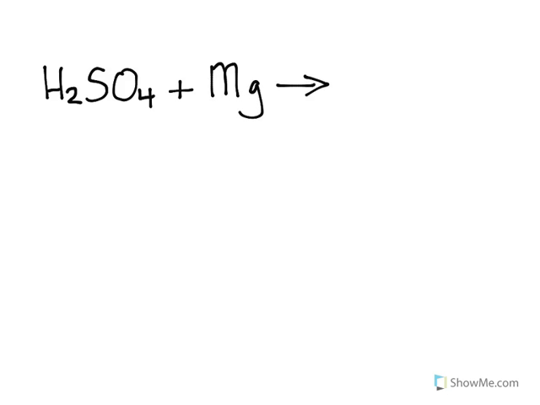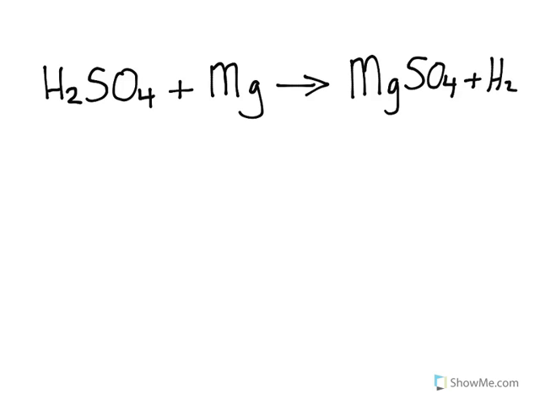Let's try another one. Let's say that we have sulfuric acid, H2SO4, and we add some magnesium metal to that. What is going to happen? Well, it's going to form the salt, magnesium sulfate, and hydrogen.